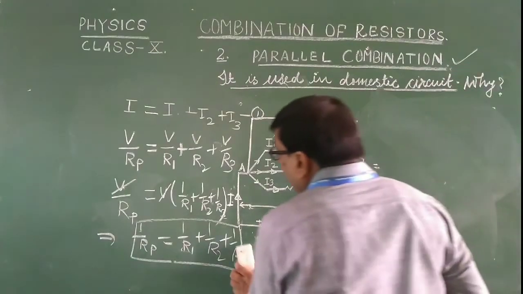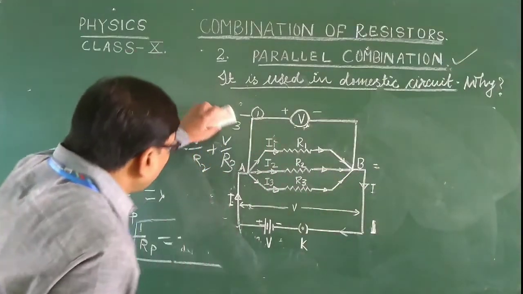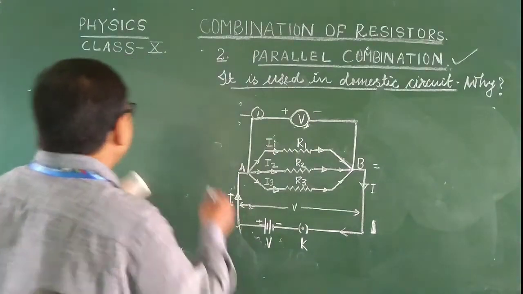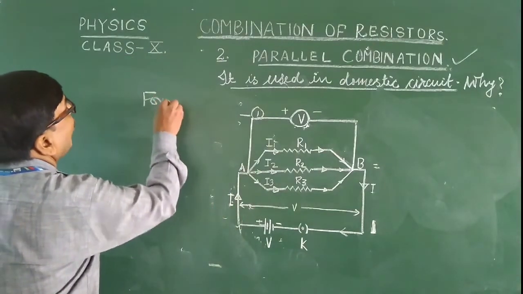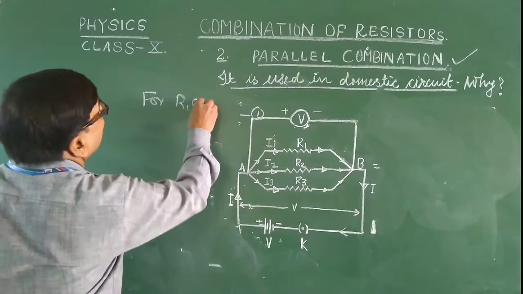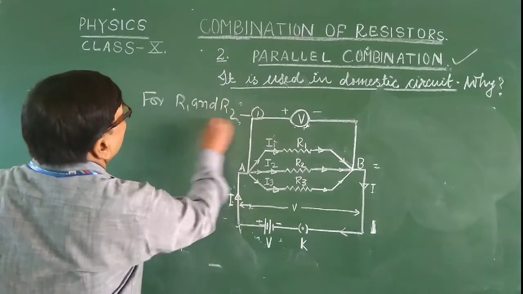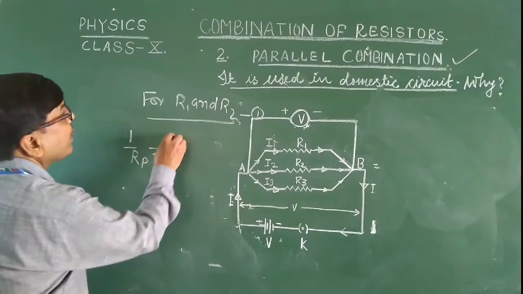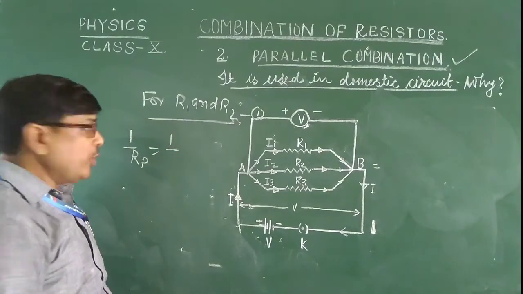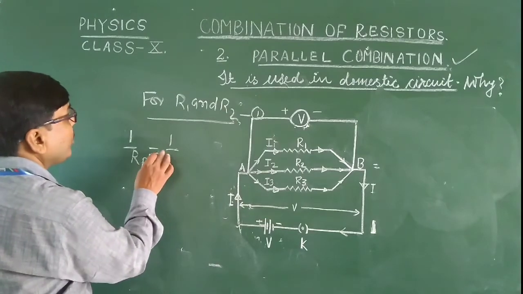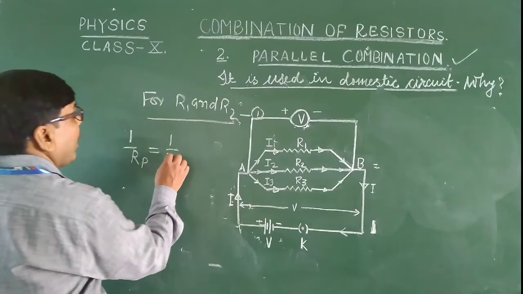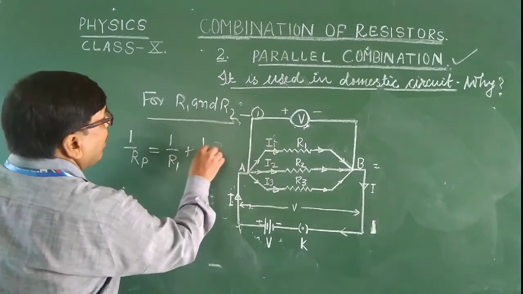Now, for only two resistances, R1 and R2, try to remember this equation, it will be used in various problems to get solutions. 1 by Rp is equal to 1 by R1 plus 1 by R2.